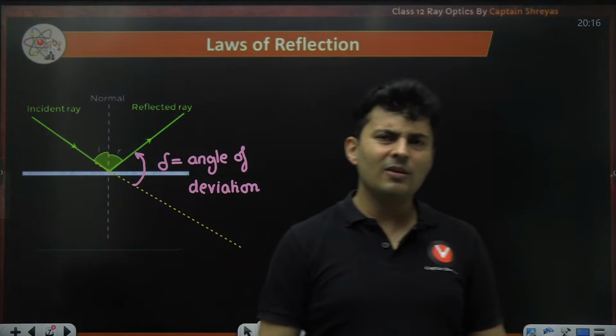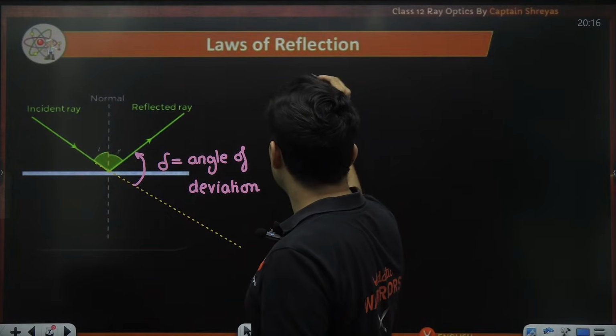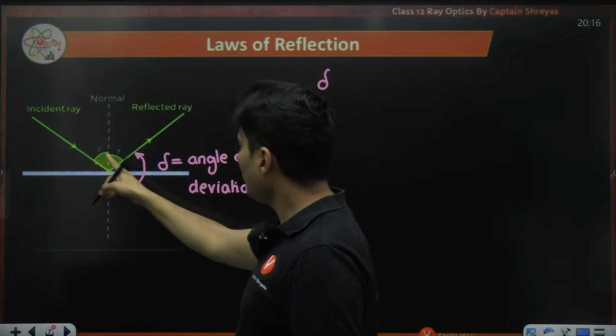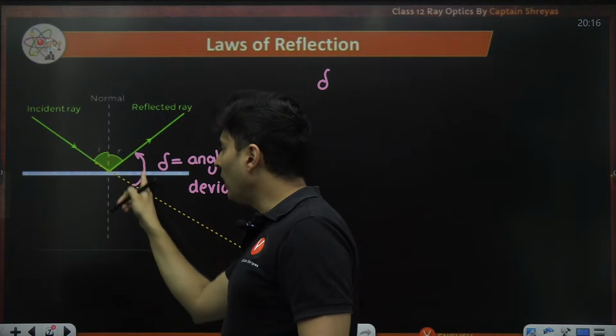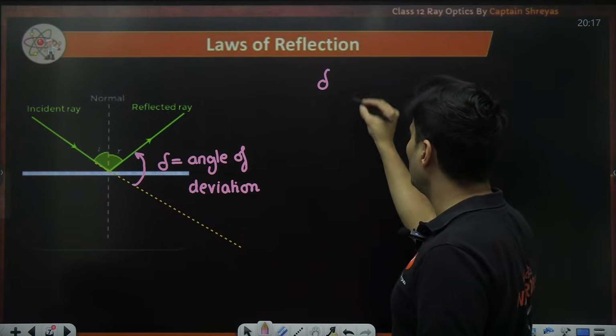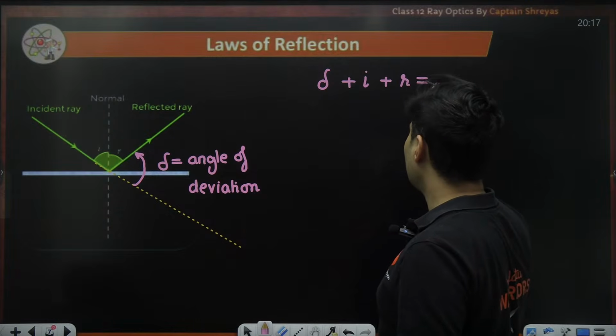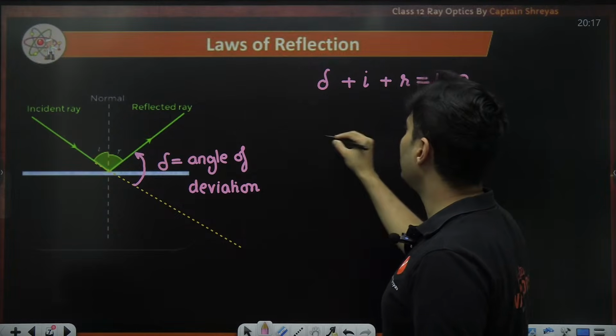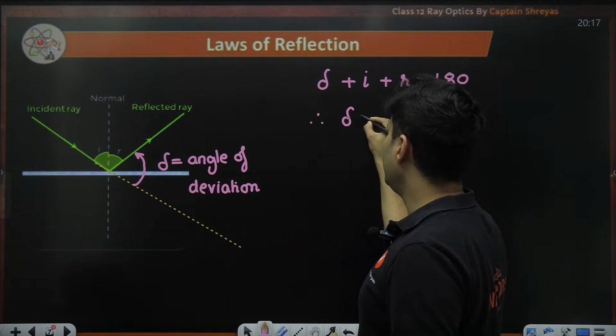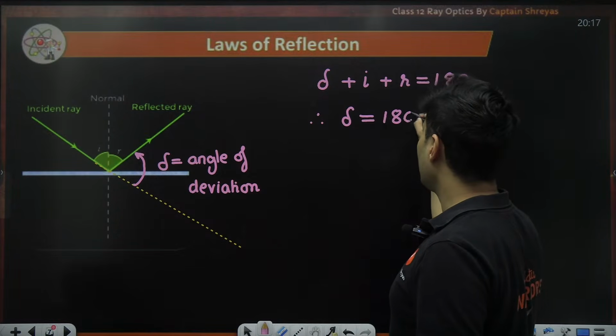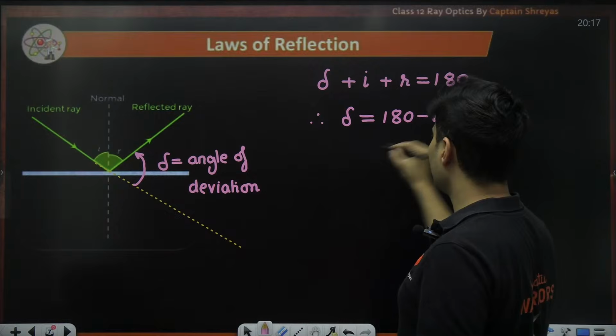Can we measure this angle of deviation? Why not? This particular delta, this I and this R, all three of them together will sum up to 180 degrees. So delta plus I plus R is nothing but 180 degrees. Therefore, delta will be 180 minus I minus R.